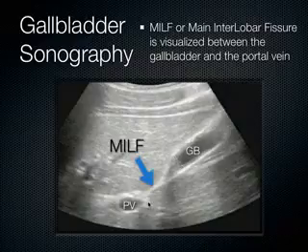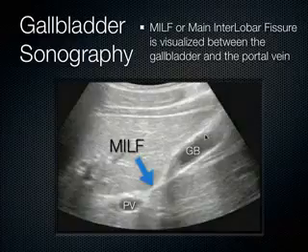Well, about 75% of patients have a very prominent main interlobar fissure that you can see connecting your portal vein up to the neck of the gallbladder. Okay? Is that where you're seeing stones? Well, you'll see stones all throughout the gallbladder, sometimes down in the neck, sometimes up in the fundus, in the body. It depends how the patient's been standing or sitting, because the gallstones roll all around, okay?